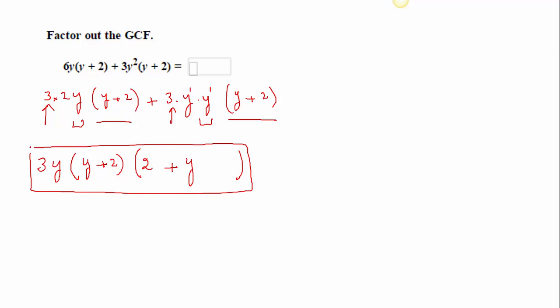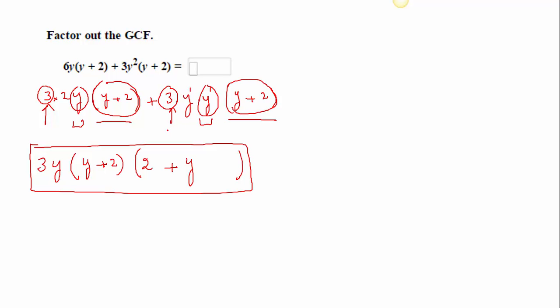So that's what we call factoring using the GCF. You got to look at each term, factor everything out, and then see what is common. In this case, 3, y, and y plus 2 are common to both terms. So this is 3, this is y, and this is y plus 2.